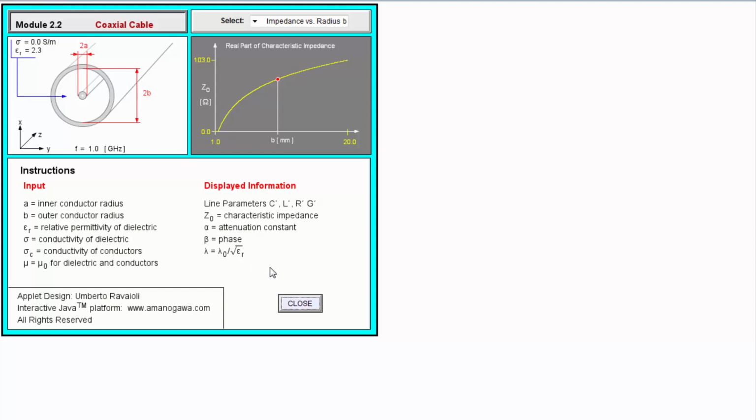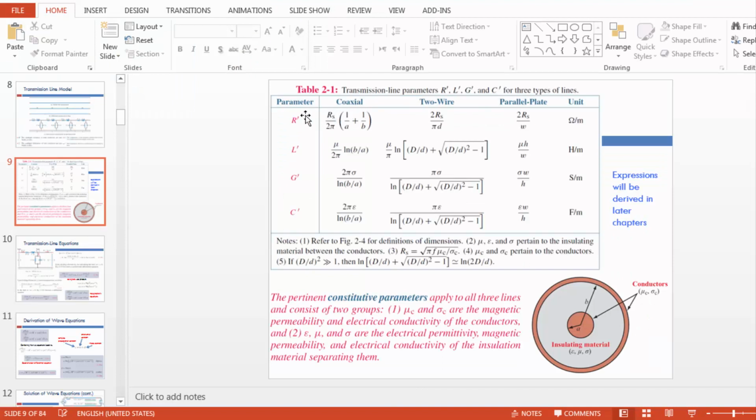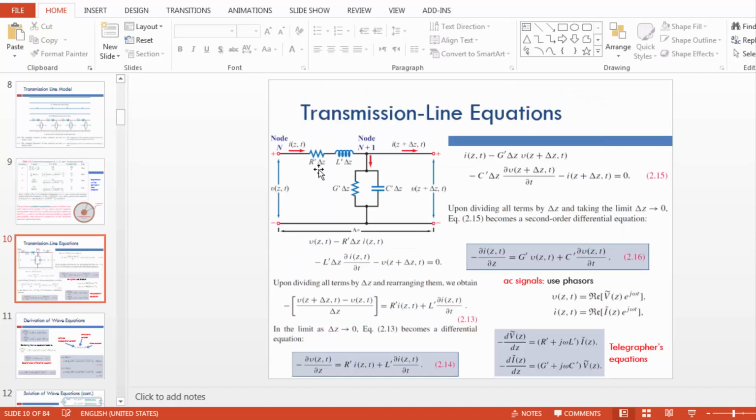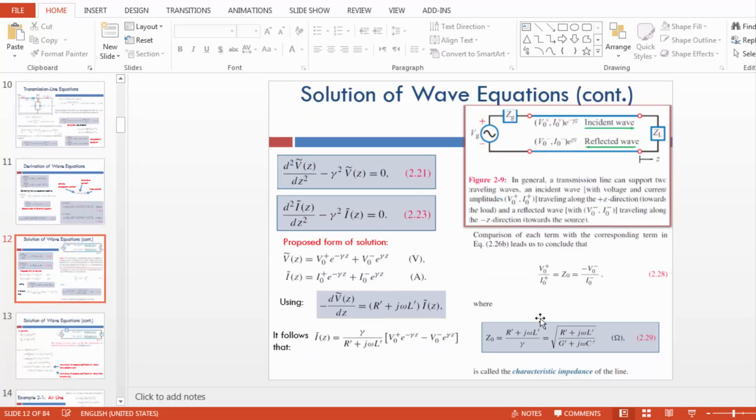Okay, so according to this table, we need to calculate R, L, G and C from these equations, and then use these parameters to calculate the characteristic impedance, okay, by this formula, of course by using the angular frequency also.